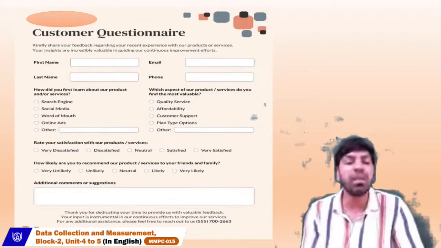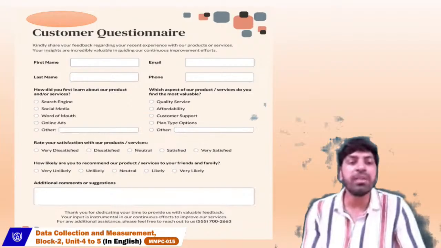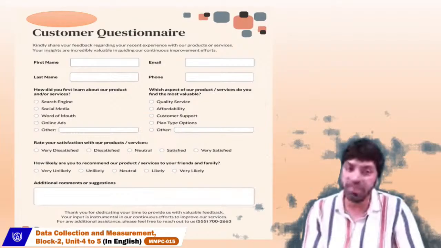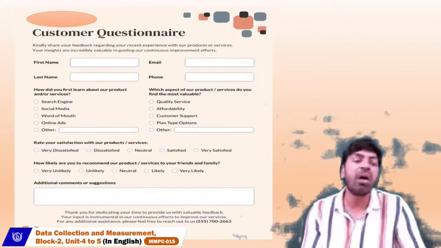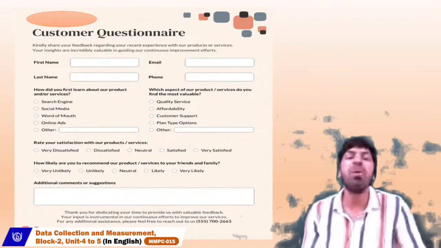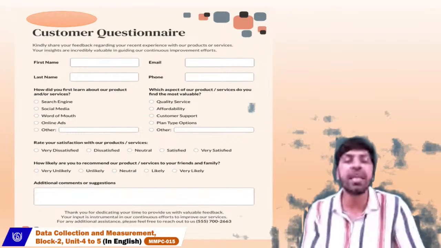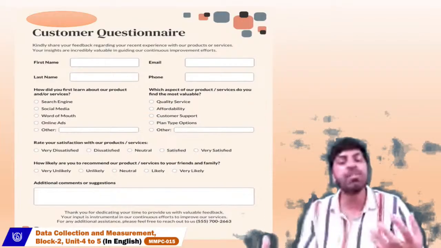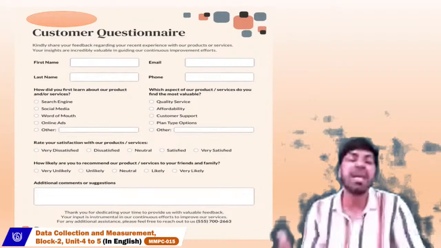So this is where you can see the multiple choice portion has been made. When we talk about very dissatisfied, neutral, these are called Likert scales. Likert scales are scales where the set of questions and the responses are termed multidimensional.